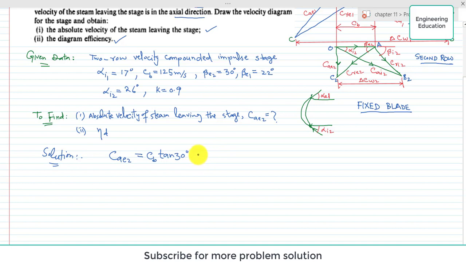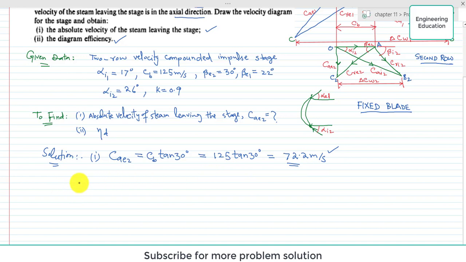So CB value is 125 meter per second and tangent 30 degree. So simplifying this, we get the value 72.2 meter per second. So this is the required absolute velocity of steam leaving the stage, and it is 72.2. So this is the part 1 of the problem, and its value is 72.2 meter per second.